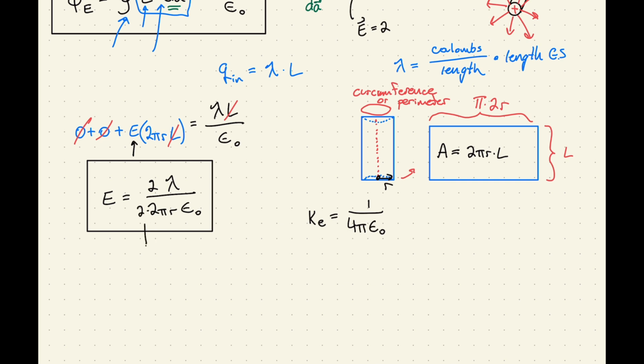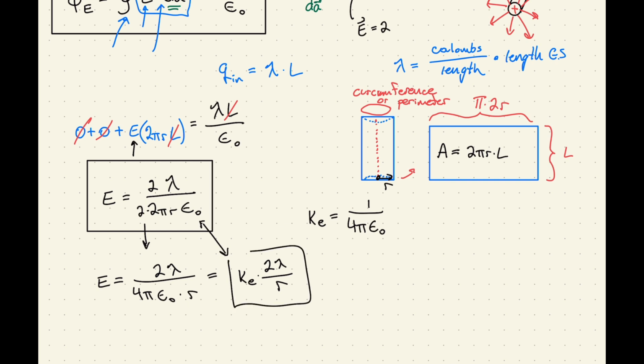And what that gives us is electric field is equal to 2 lambda over 4 pi epsilon naught times r, which is Ke times 2 lambda over r. So this is two different ways to write the electric field. Both of them should be correct. And yeah, very quick video. I hope that was helpful.